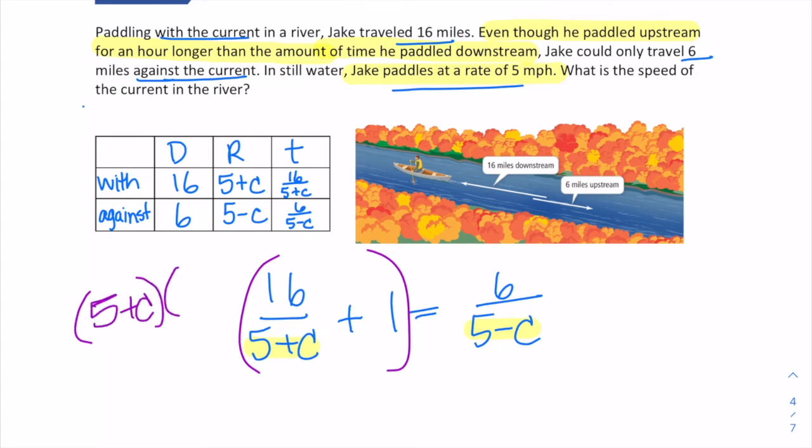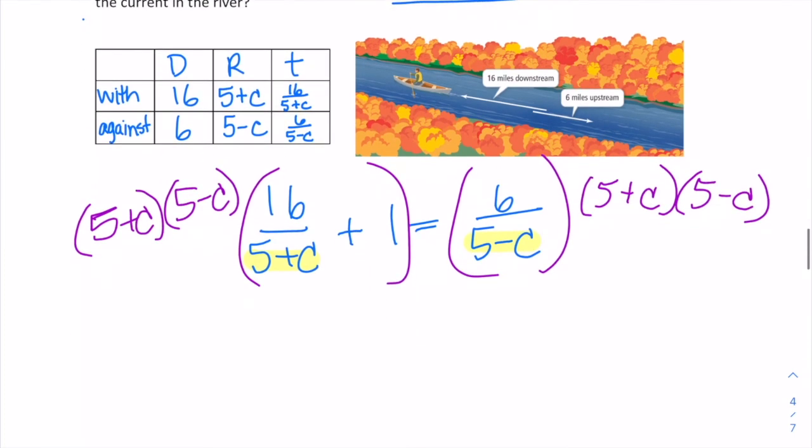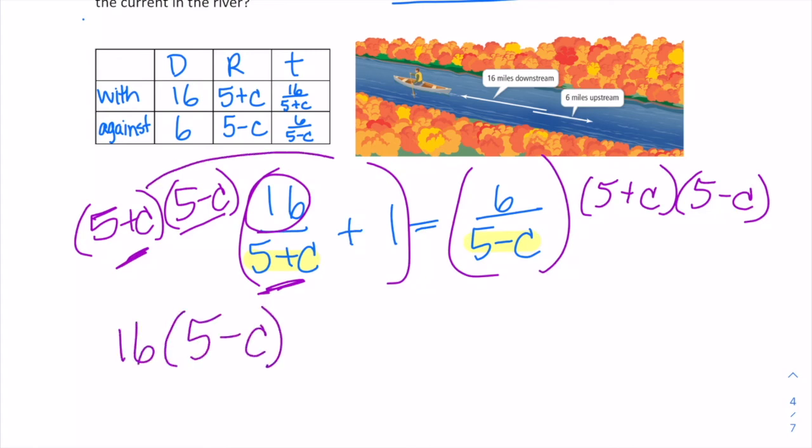Okay, so we're going to have to distribute that to both sides. But let me just write it out. Okay, so on the left side, we'll be left with 16 times 5 minus c, because the 5 plus c and the 5 plus c would cancel each other out. When we distribute this to the 1, though, we'll just have both of them. So 5 plus c, 5 minus c.